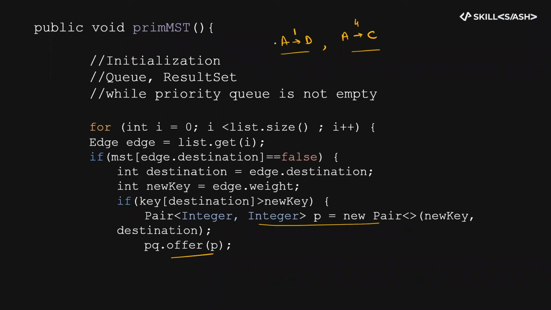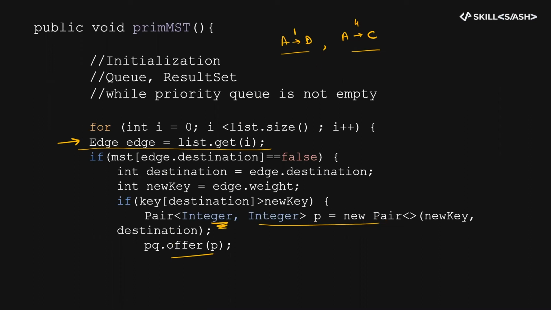So what I'm doing, A first I have started processing. I've taken its list over here, all the adjacency list, A to D and A to C. Out of all the edges, I'm processing and putting into the priority queue. So before putting into the priority queue, I'm creating a pair of the node ID, like D has some ID, right?